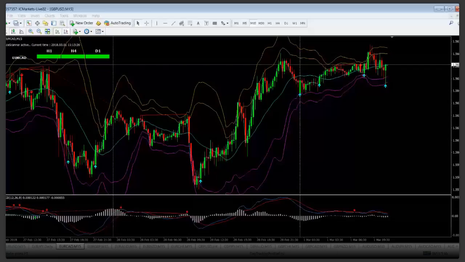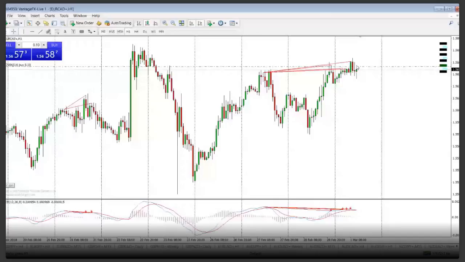So I'll just share my screen, other screen here, show you that I've actually placed these trades. So I took that trade on the Euro CAD. Going to target these highs up in here.